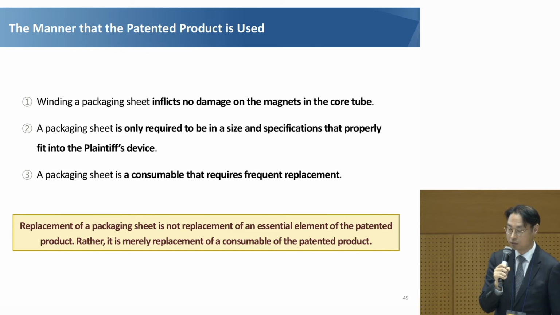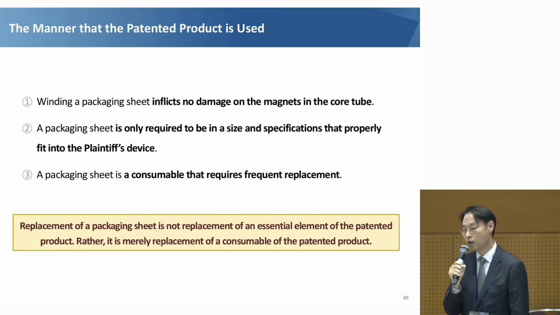So the conclusion is that replacing a packaging sheet of the plaintiff's product is not replacing an essential element of the patented product.